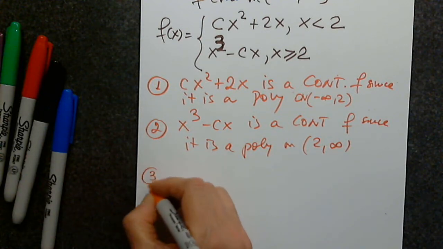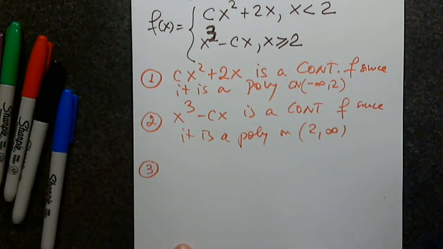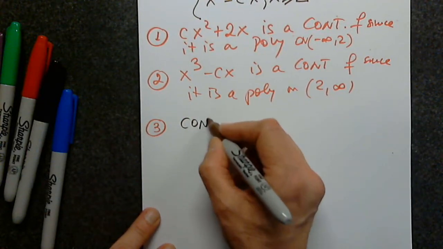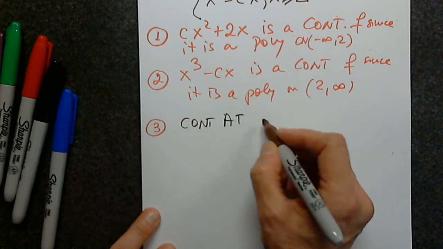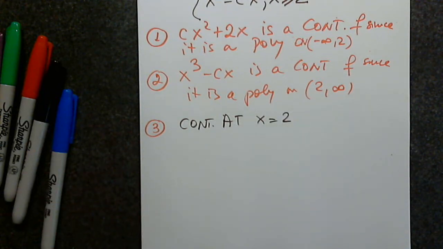What will be number 3? Once I get that solved, I will say this function now is continuous everywhere. What do I have to study in step 3? Function f(2) has to equal the limit, so in short, continuity at 2. Very good. That's the key. I studied continuity to the left of 2, and to the right of 2.